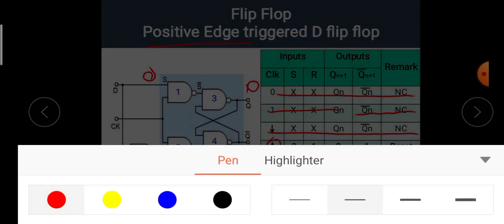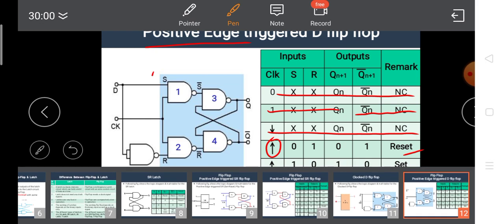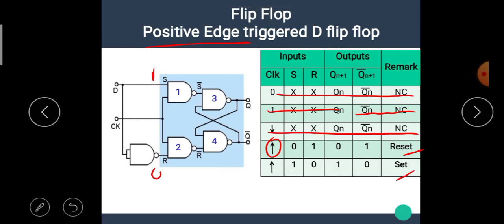Similarly, if S has the value 1 and R has the value 0, then we get 1 0, that means the set condition. By using the D flip flop we can avoid the race and no change conditions.